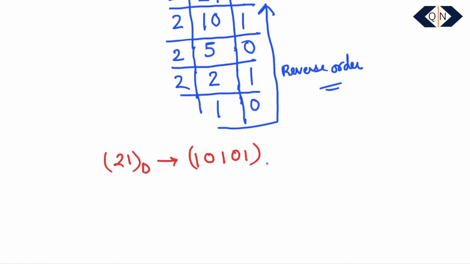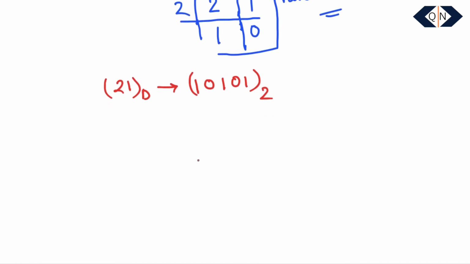Okay, so can we go further and verify whether our answer is correct or not? So 1, I will be writing directly. 1 into 2 raised to the power 4, plus 0, plus 1 into 2 raised to the power 2, plus 0, plus 1 into 2 raised to the power 0.